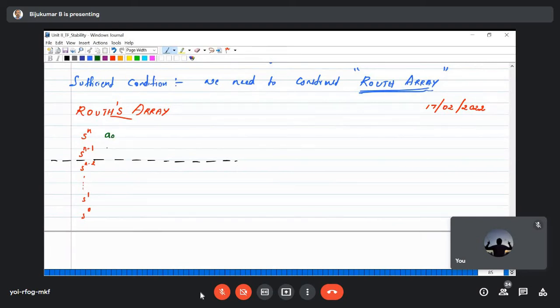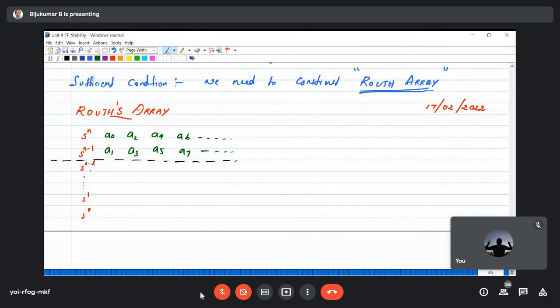The next one is a1, that you put in the next row. a2 you locate here, then a3, a4, a5, a6, a7. It will go like this. So this is the second step. First you write the powers of s from higher to lower, then you take the first two rows and locate the coefficients accordingly, right?